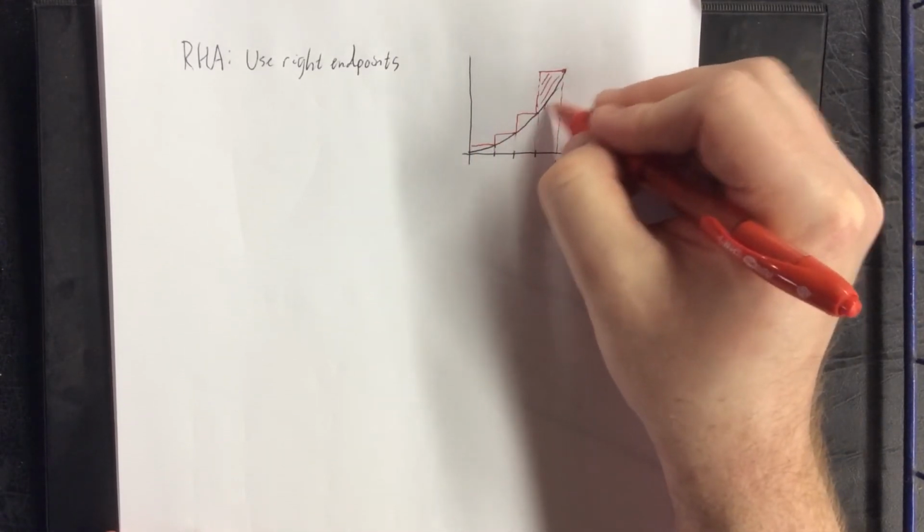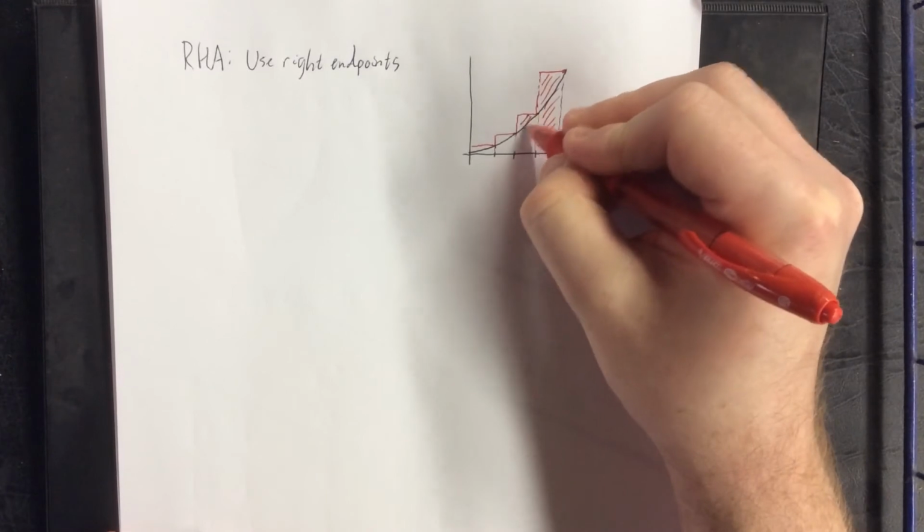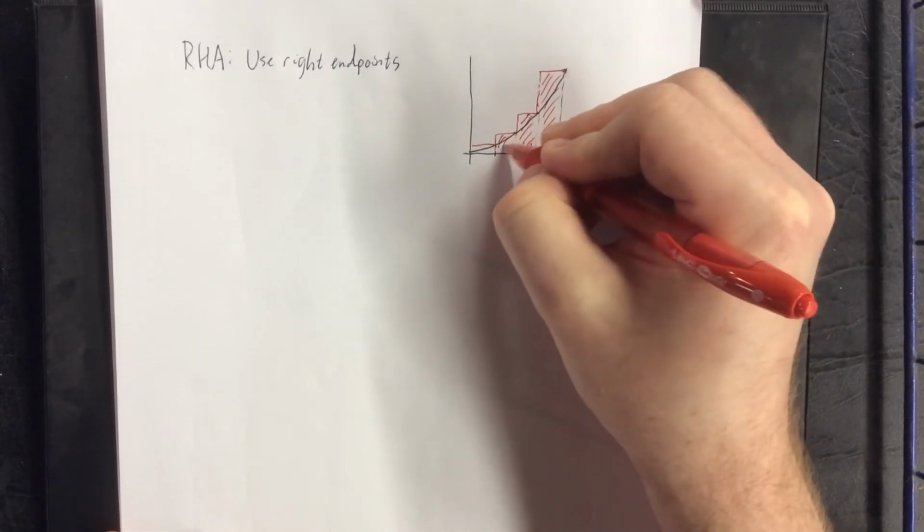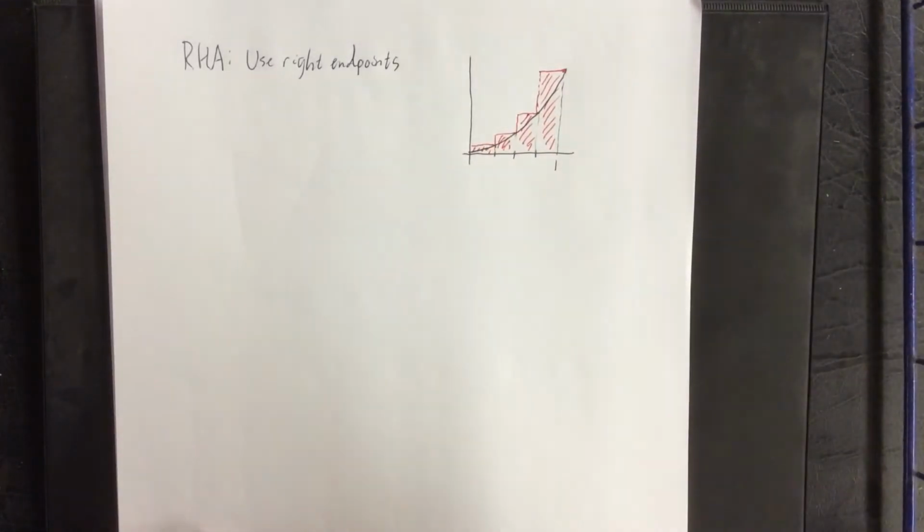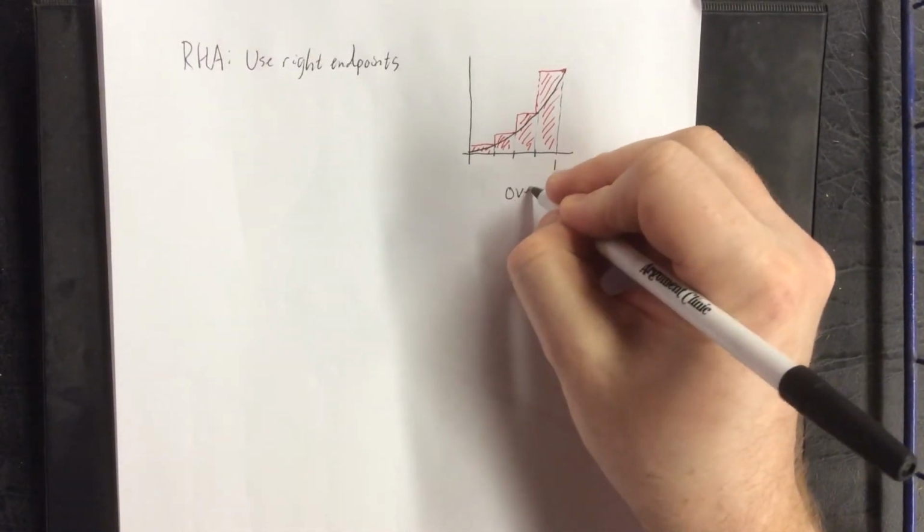So now the total area that we're going to be calculating will look like this. I can tell you right away that the area that we will calculate will be an overestimate of the actual area.